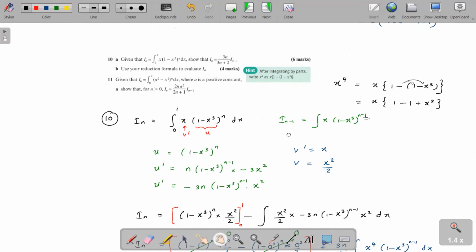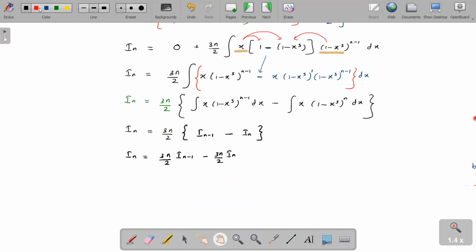So let's take all the terms with I_n to one side. I get here I_n plus 3n over 2 I_n equals 3n over 2 times I_(n−1). Take I_n out and I get here 1 plus 3n over 2.